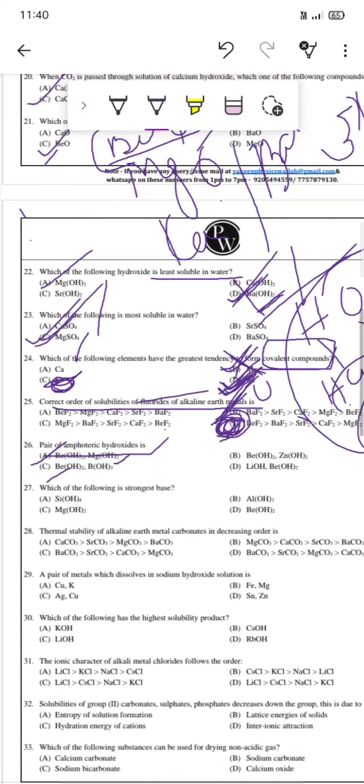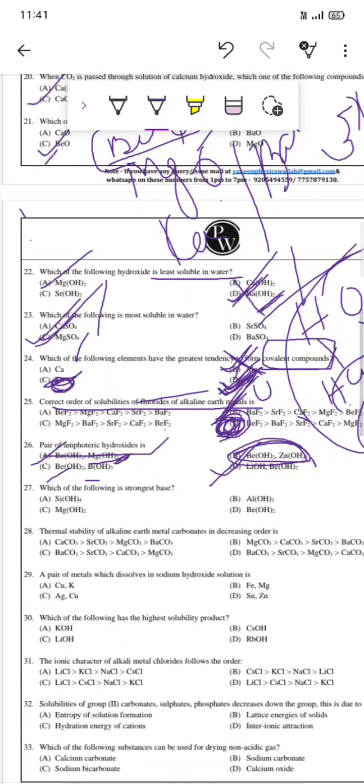After that, magnesium. Okay, 26A maybe. No. This is basic.